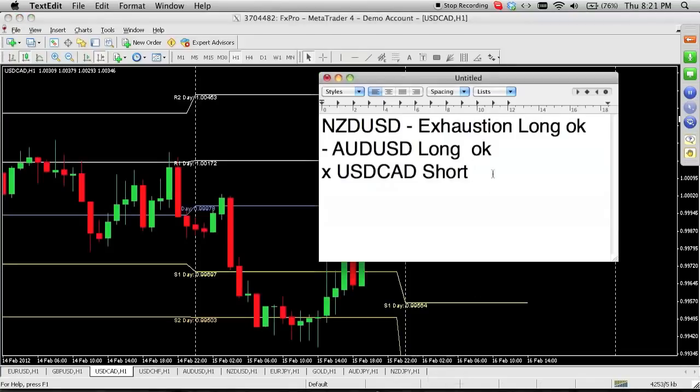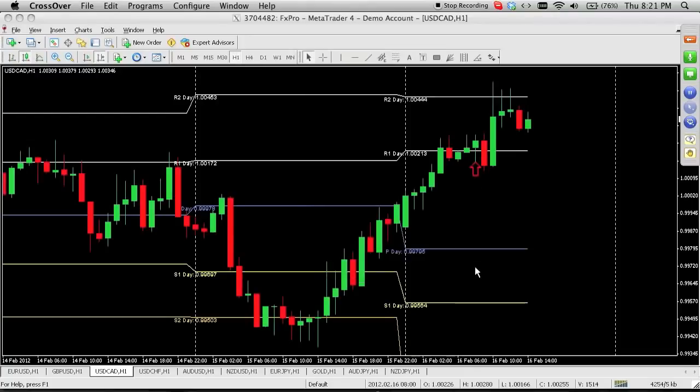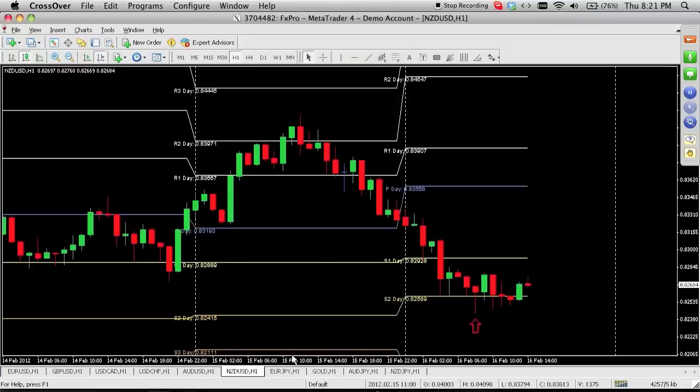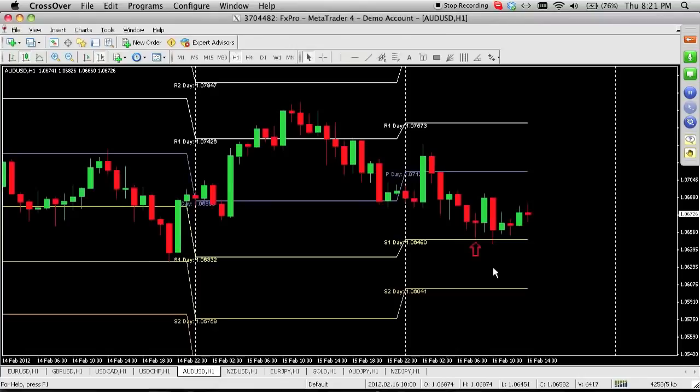So this is a no-go. That means if this particular trade does work out, there is not much strength in this trade. And this is the reason why you can see New Zealand dollar went up but only slightly. Same thing with Aussie dollar, went up but only slightly. And then the market went in the original trend's direction.